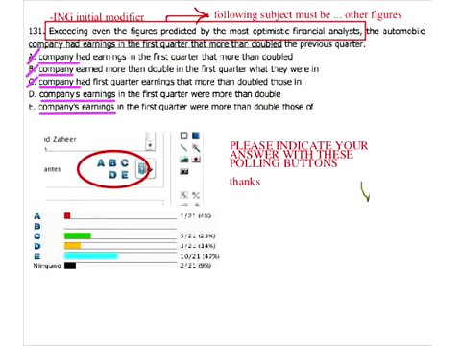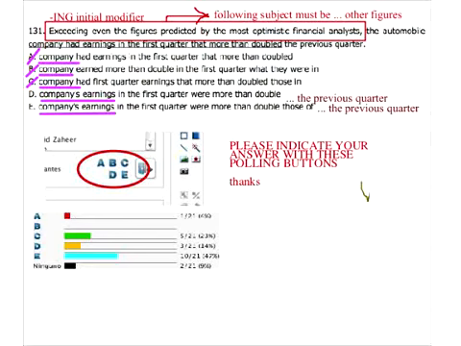So these are identical until we get to the end of the sentence. So let's see how this fits into the larger picture of the sentence. If you have choice D, it says more than double the previous quarter versus more than double those of the previous quarter. What we want is you have to make sure that your comparison makes sense.